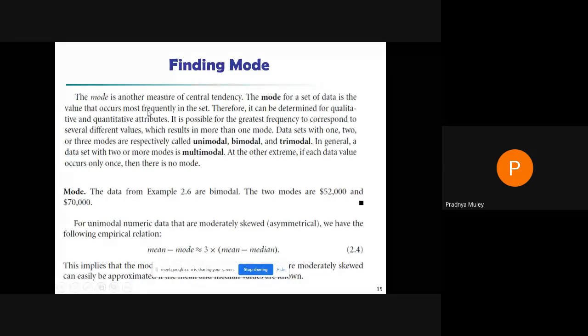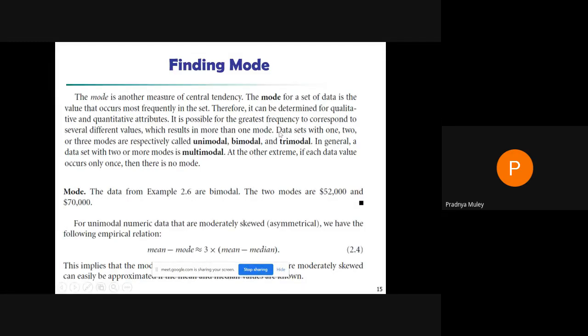So how many times a value occurs in the data set: the value which has occurred the maximum number of times in the data set is called the mode of that data set. So a data set can have one, two or many values which occurred many times. They are respectively called unimodal.